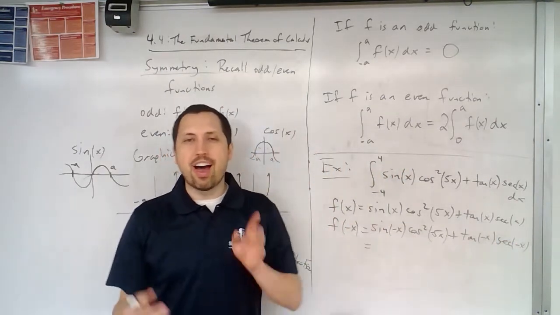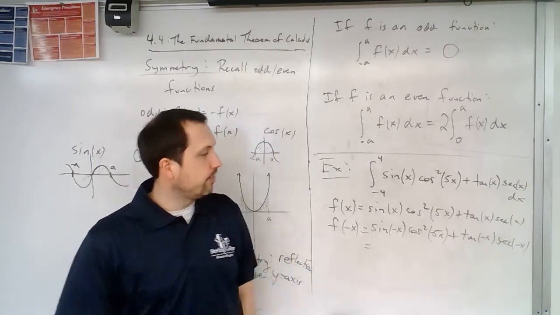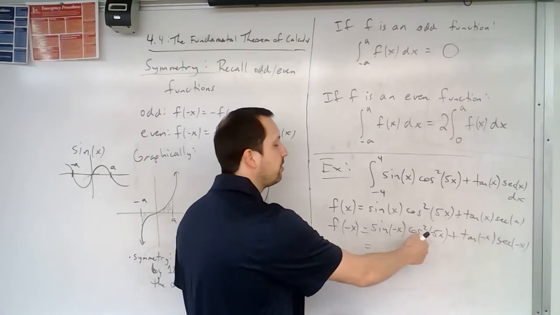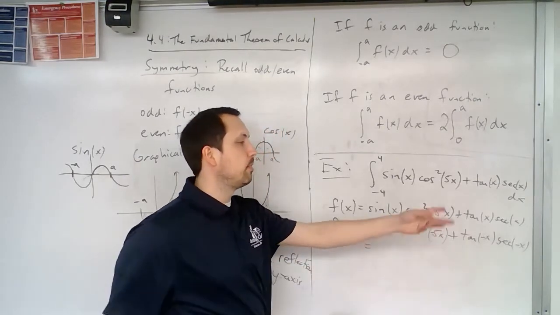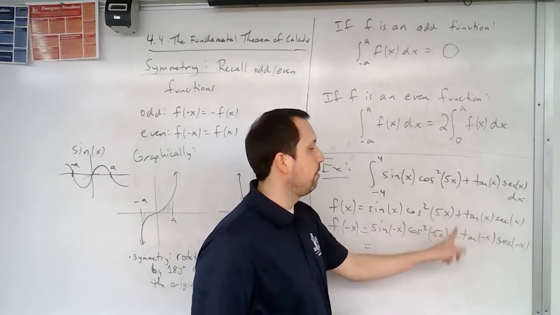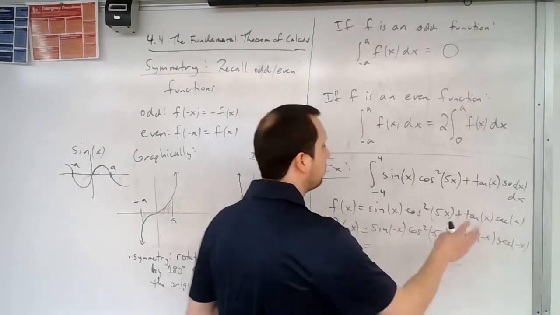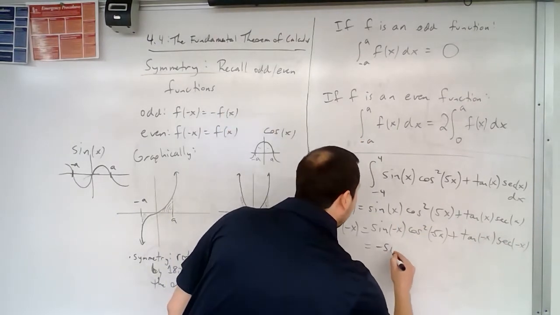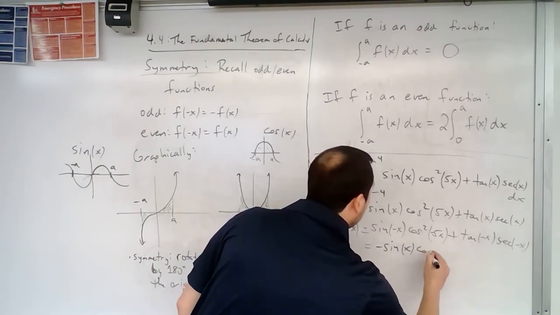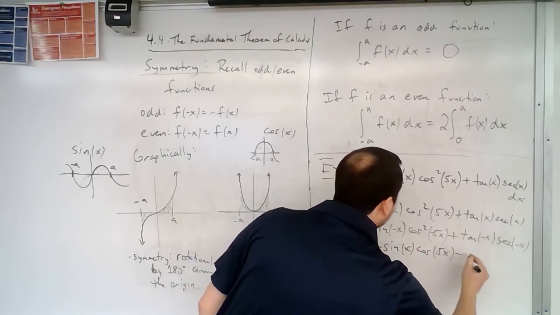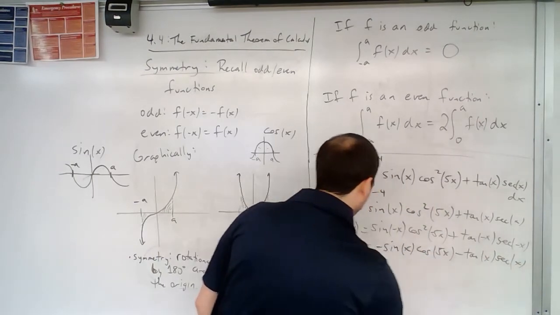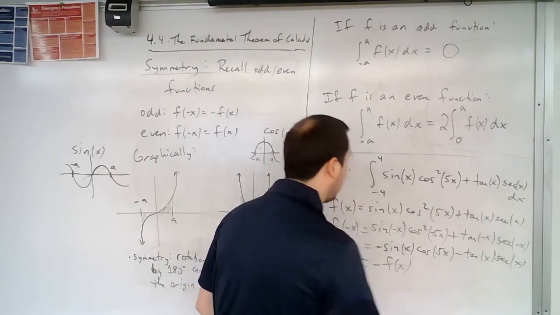If we remember things about odd and even functions for our trig values, sine is odd, I pull out the negative. Cosine is even, the negative becomes a positive. Tangent is odd, I pull out the negative. Secant is even, that becomes positive, which gets rid of the negative. So this becomes negative sine of x, cosine squared of 5x, minus tangent of x, secant of x, which is just the same thing as negative f of x.